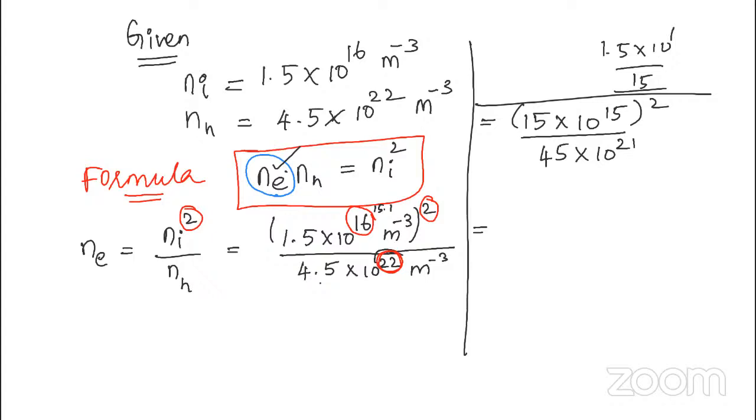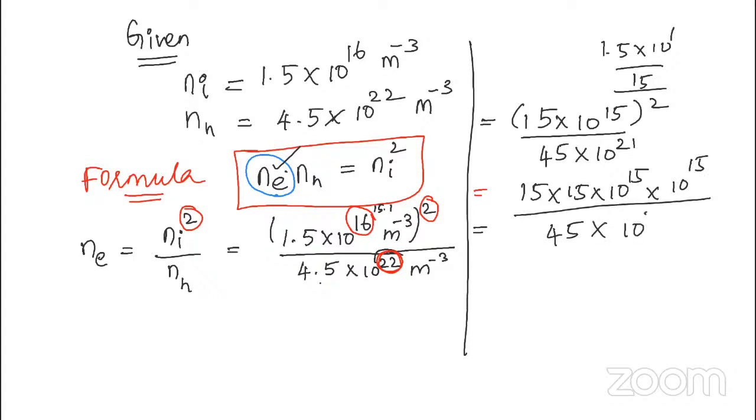Yes, okay. Right. So for the next step we just cancel this one, or we just split it into 2 times. Here 15 square, we just write it 2 times: 15 into 15 into 10 power 15 into 10 power 15 divided by 45 into 10 power of 21.